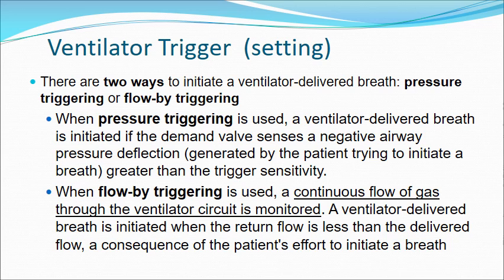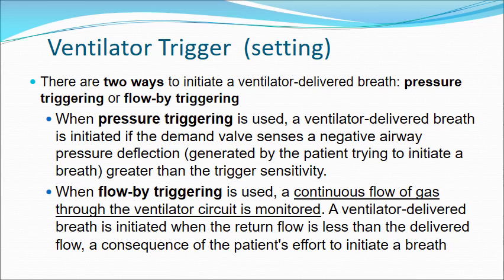We saw that in a previous diagram of pressure, where the pressure had a small negative dip that was circled in purple, and that was the trigger for a pressure triggering breath. When flow-by triggering is used, a continuous flow of gas through the ventilator circuit is monitored.